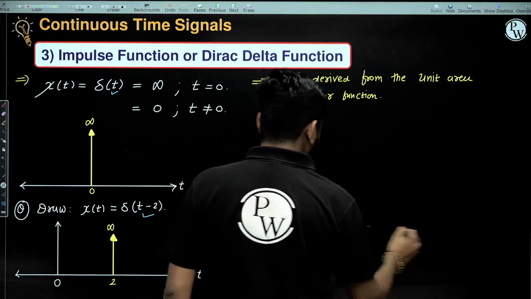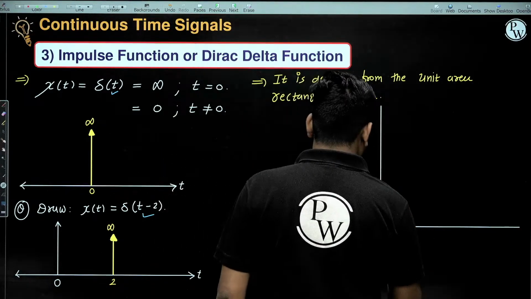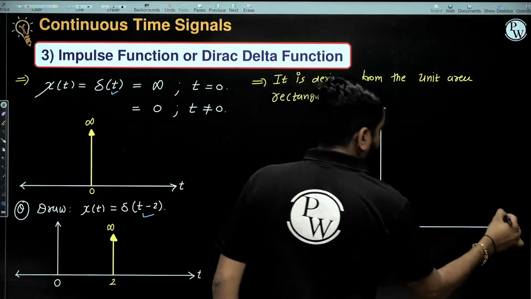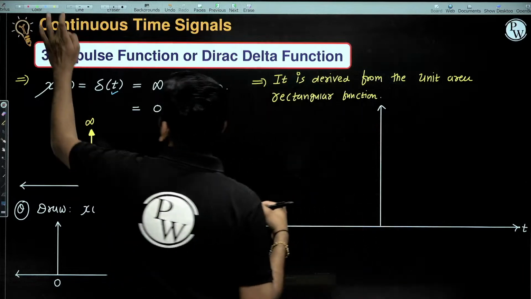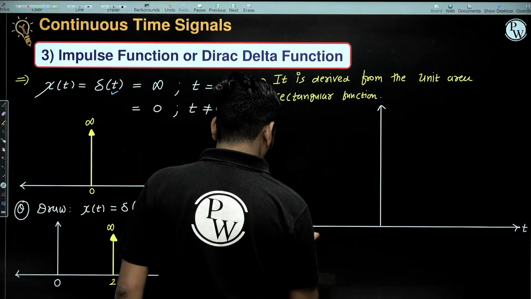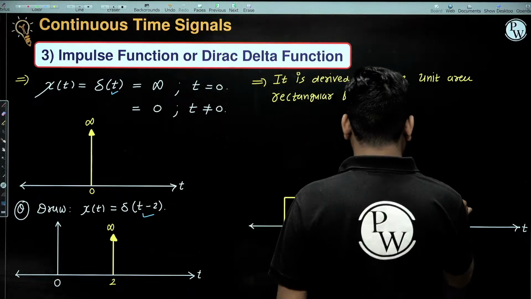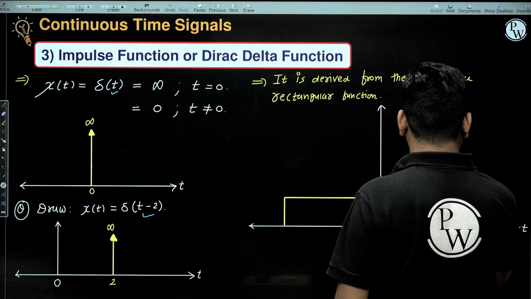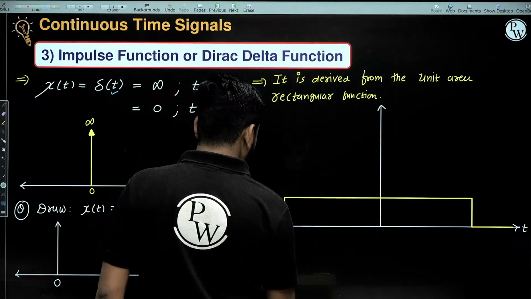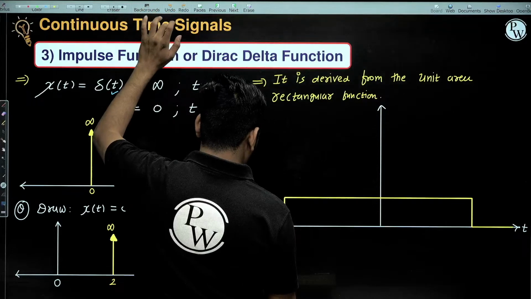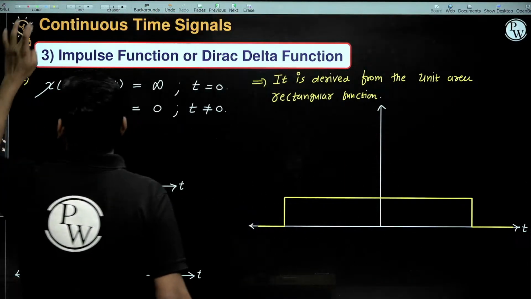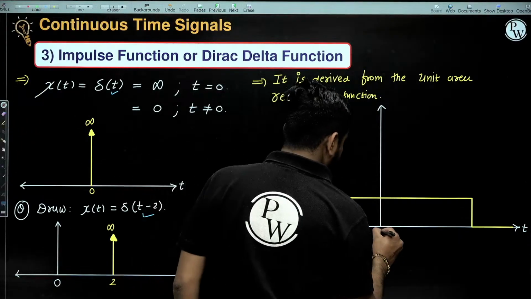So let us consider this type of rectangular function, where the area is unity, the area is 1.